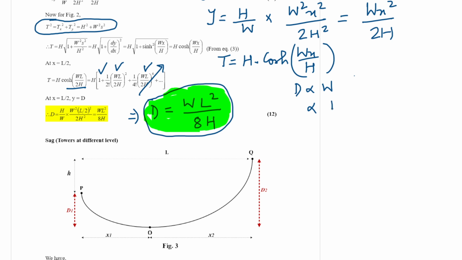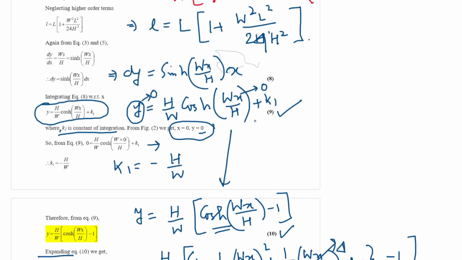Secondly, it is directly related with the length L, and it is inversely related with the tensile strength H. The mathematical expression says it is perfectly alright: it is directly related with W, and as far as the length is concerned, there is a square relation, and by h. So mathematically, maximum sag is related with w L square by 8h.